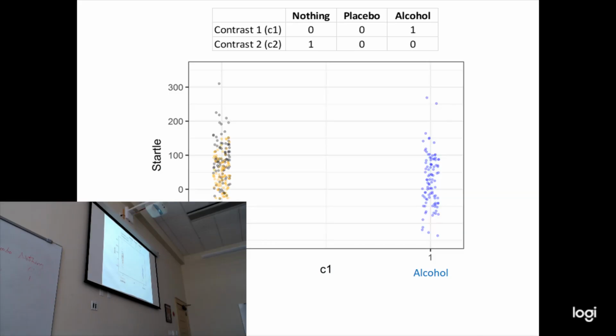You have to adjust the data points for the other independent variables in the analysis. What ends up happening is you subtract out the effect of C2 before you look at what's happening with C1. So this is what that looks like visually.